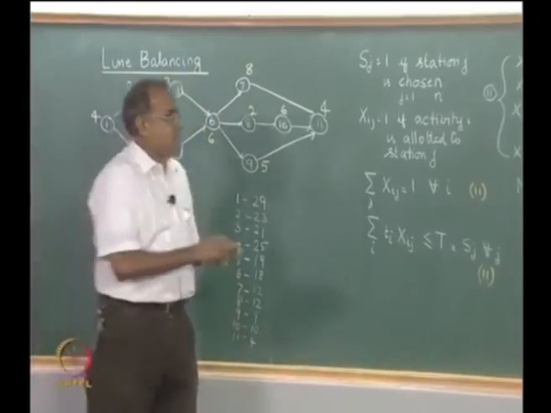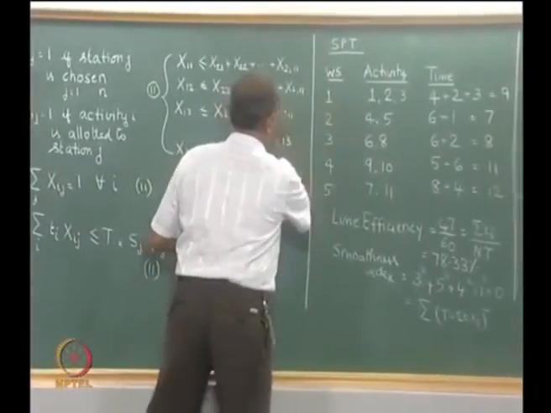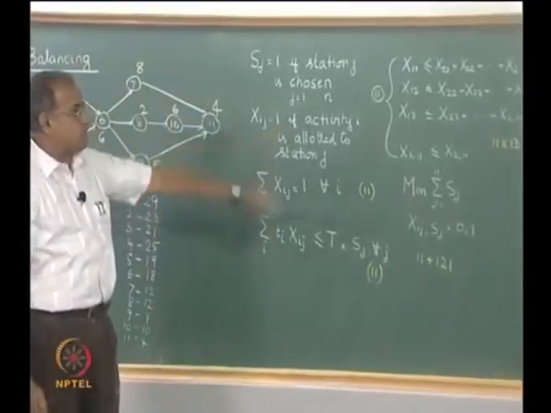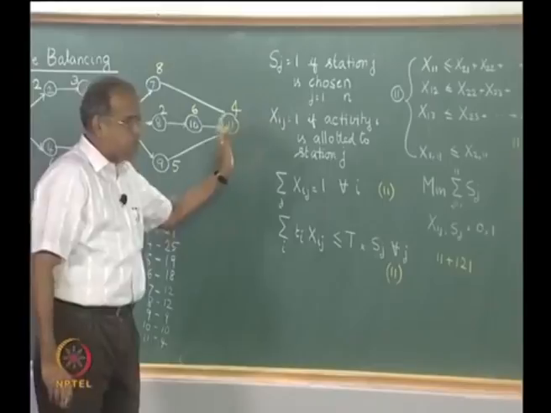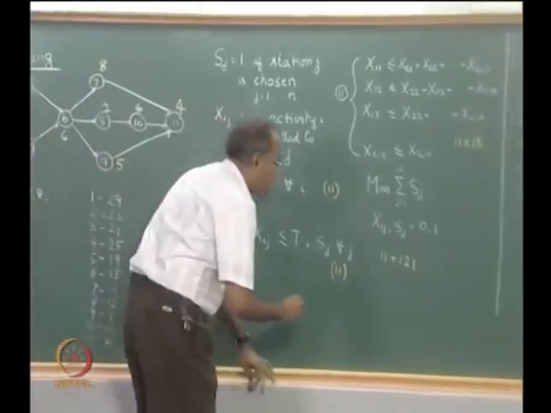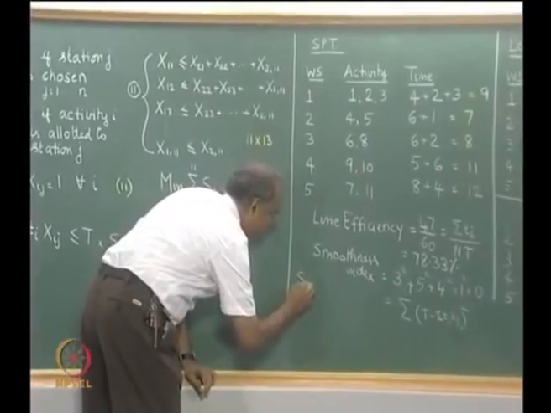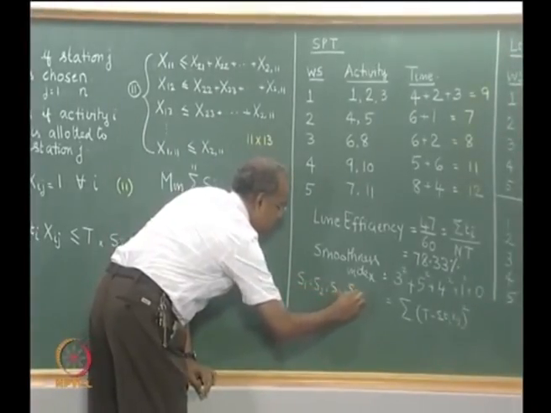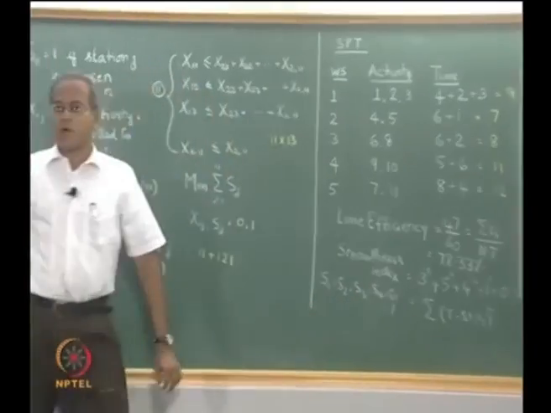Now let us try and map this solution into this formulation and see what happens. This feasible solution has 5 workstations. So if I try to map this here, I will have a solution like S1 equal to S2 equal to S3 equal to S4 equal to S5 equal to 1.